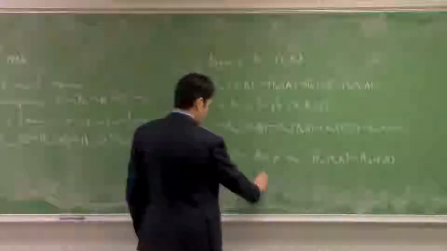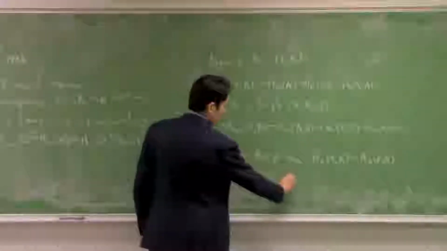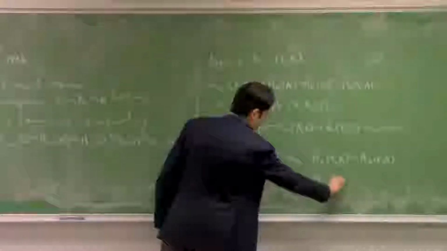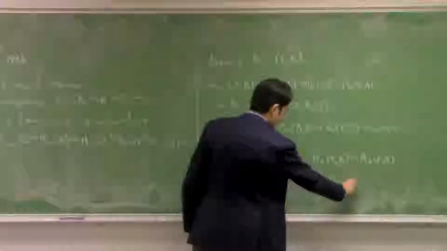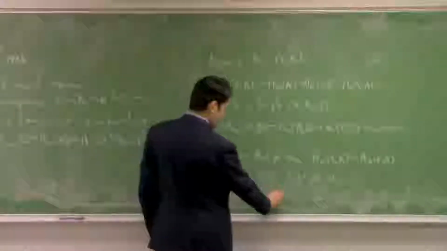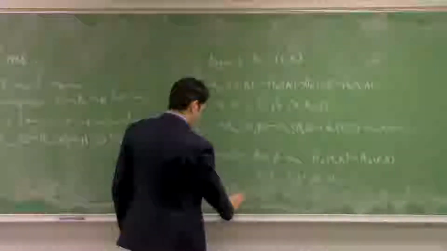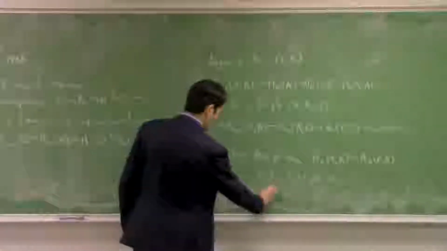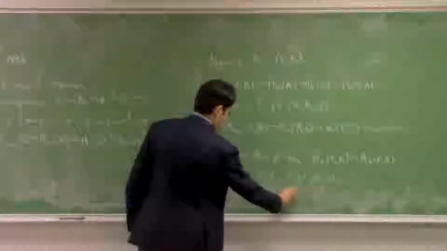And if A is empty, then the convention is this is just Hn of X. We also saw, for example, that the reduced homology of a space is the relative homology of X with respect to any point.